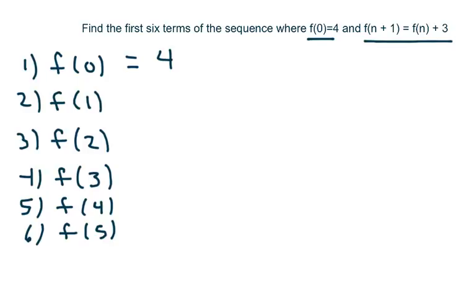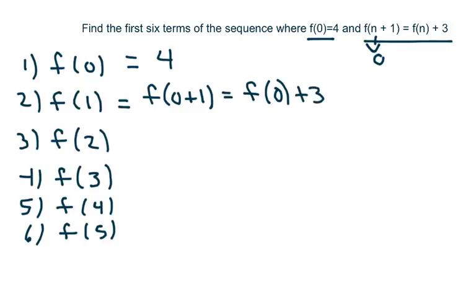So to find f of 1, we're going to let n be 0. So for f of 1, I'm going to write f of 0 plus 1, because that gives you f of 1, equals f of 0 plus 3, because my n is 0.